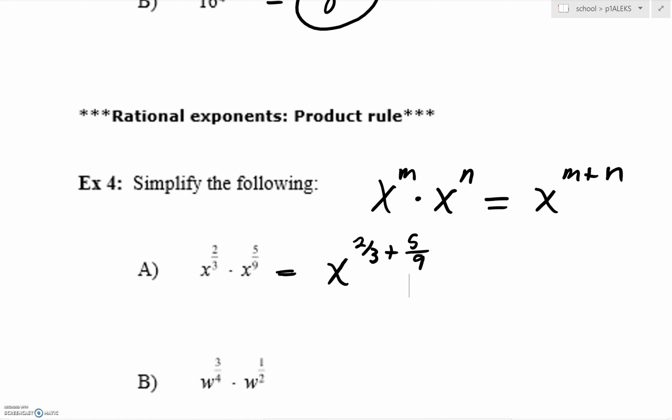If you've struggled with fractions, just use your calculator very quickly to get assistance. So you get 2/3 plus 5/9. And very fast you'll get 11/9. X to the 11/9 power, and you are done.